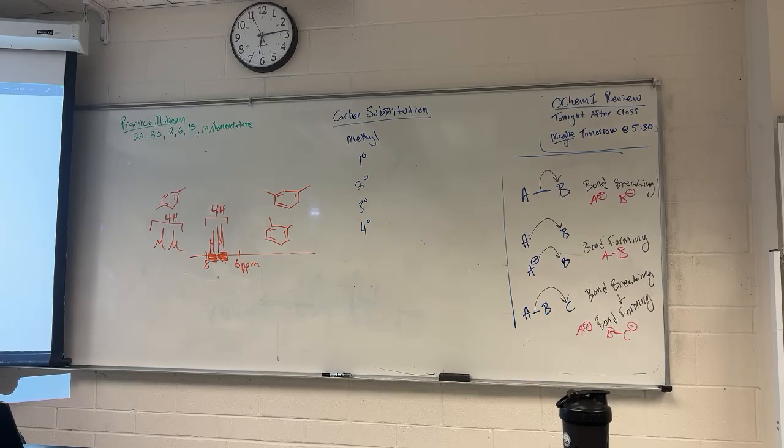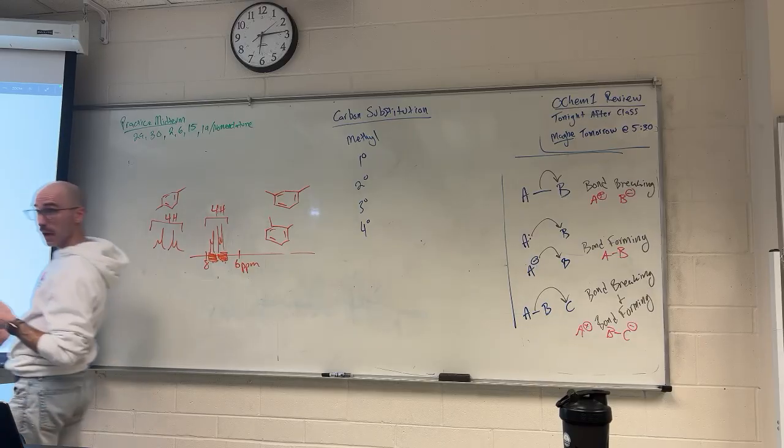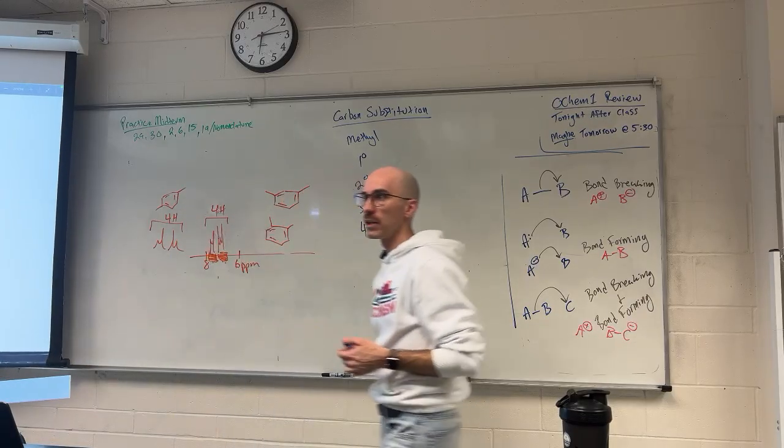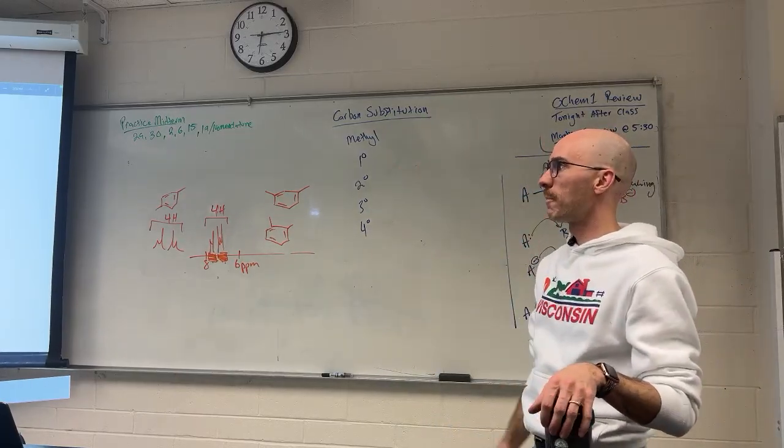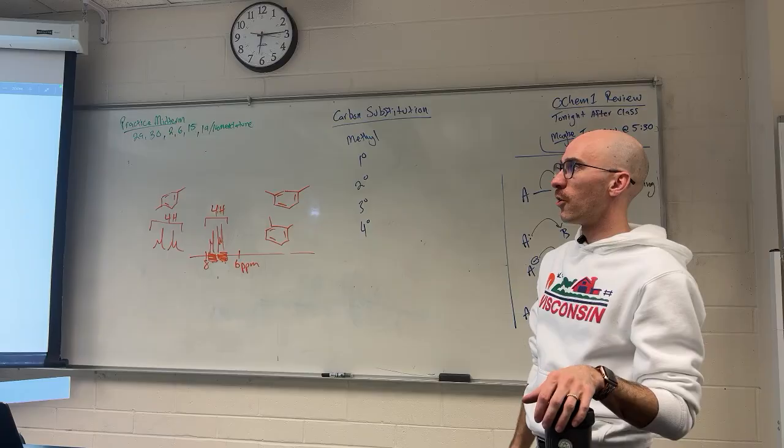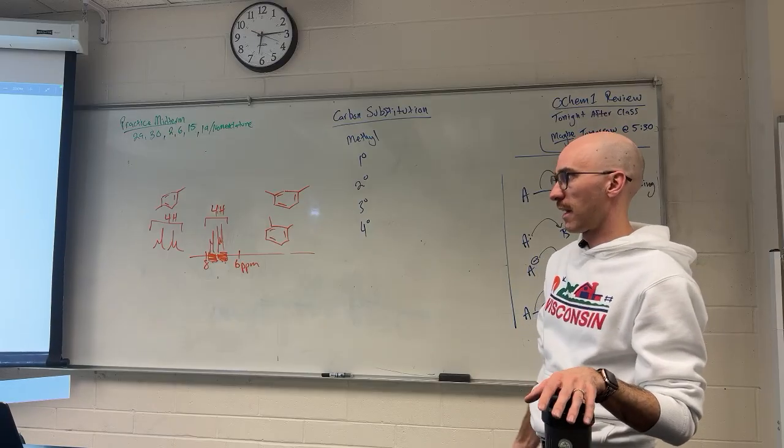This one is bonded to 1 carbon, but that carbon is also bonded to an oxygen. It's not what it's based on, right? It's based on how many carbons it's bonded to. Primary alcohol. So we can describe that the oxygen is there, but we don't describe that in its substitution term.